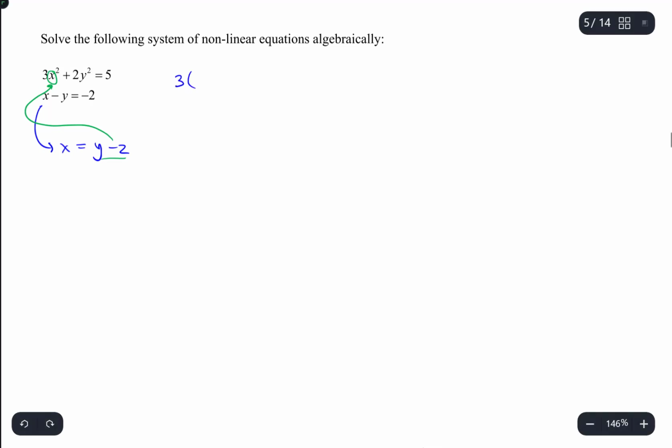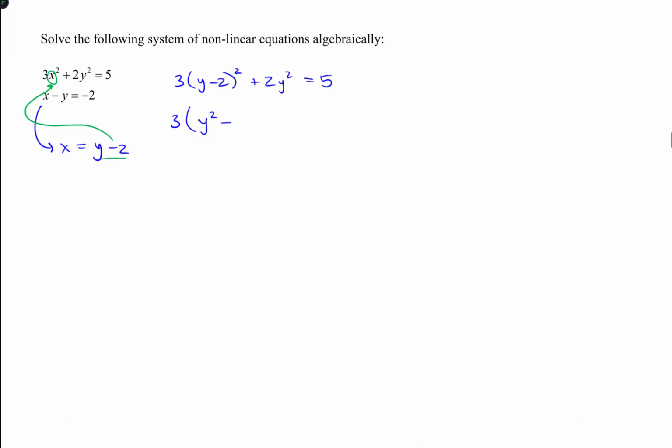I'm going to have 3 times the quantity y minus 2 squared plus 2y squared equals 5. So y minus 2 squared becomes y squared minus, the way I come up with the coefficient here is you square the first plus 2 times the first times the second.